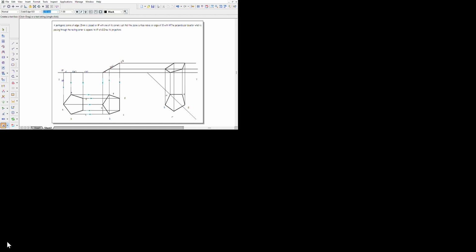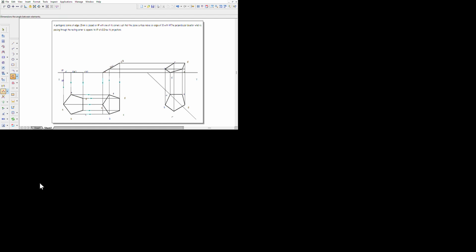Now let's name this A dash, B dash, C dash, D dash and E dash. Now let's take the trim option and trim the unwanted edges.